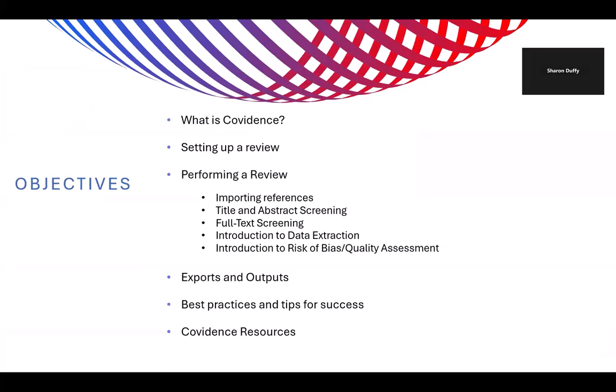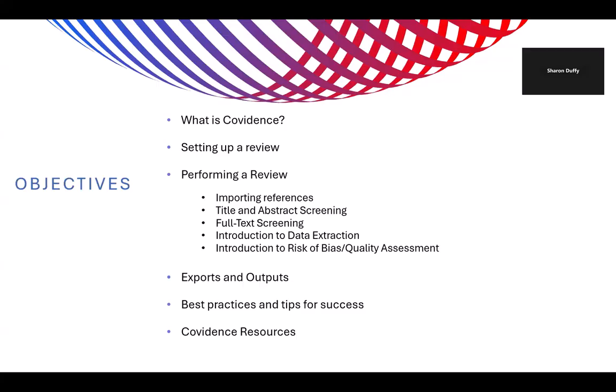All right, so here's an overview of what we're going to cover. First, I'm going to talk about what Covidence is. Hopefully you have some familiarity with it if you are attending this session, but if not, you're going to learn all about it. I'm going to go through the process of setting up a review, all the settings that are available to you. Rowan is going to cover the steps of performing a review and how Covidence walks you through all of those steps and makes the process very simple.